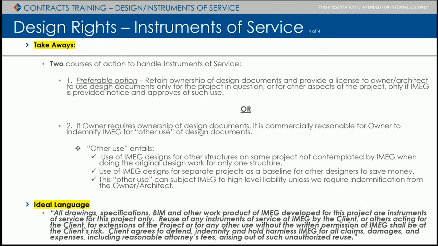So even if they don't indemnify us for other use, it's clear from the contract that the parties contemplated that what we did was custom for that project. So if someone uses that for another project, I have a pretty strong argument that the expectations of the parties were such that we're not on the hook if you took our stuff when you said you wouldn't use it for another project.